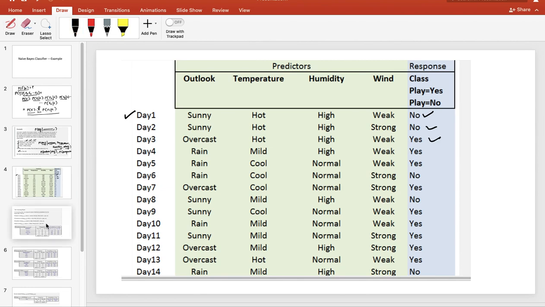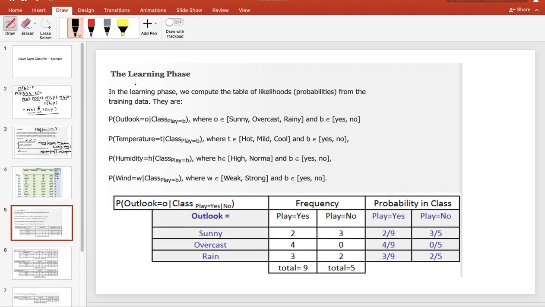Now, for training the classifier, in the learning phase, what will we compute? The main probability we want to compute is the probability of playing, yes or no, given the weather conditions: outlook, temperature, humidity and windy. This has three values, this has three values, this has two values, this has two values.